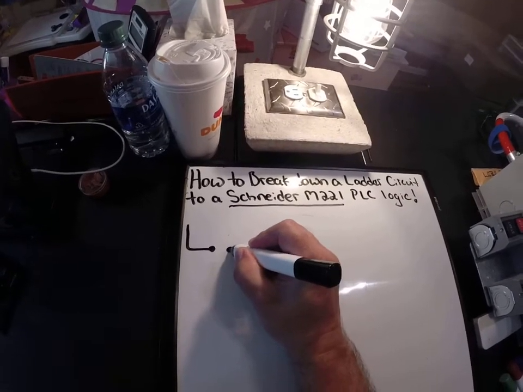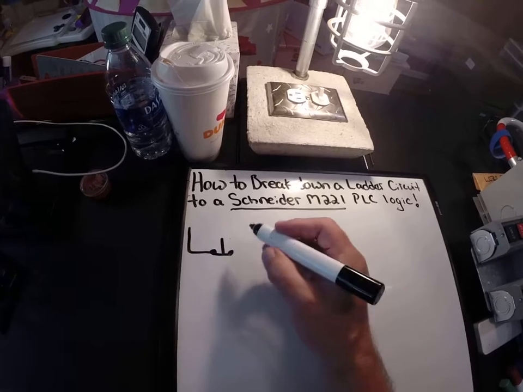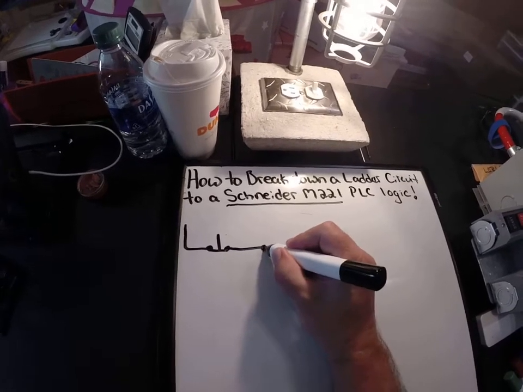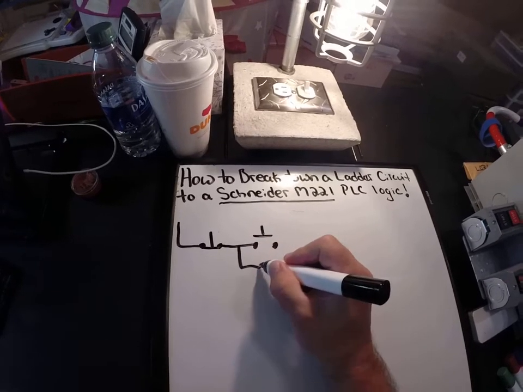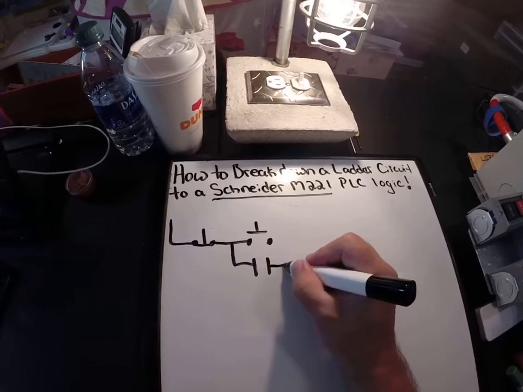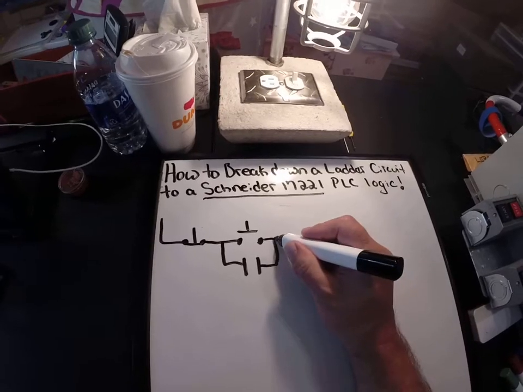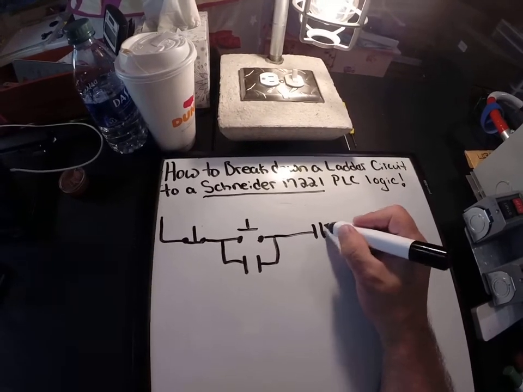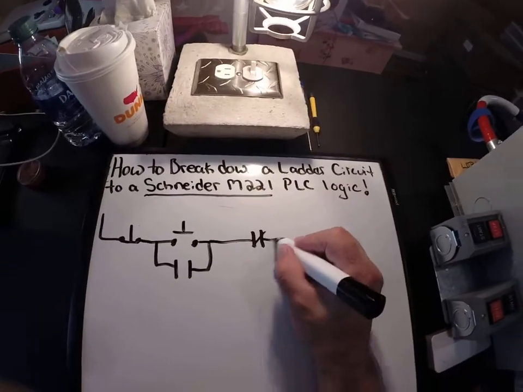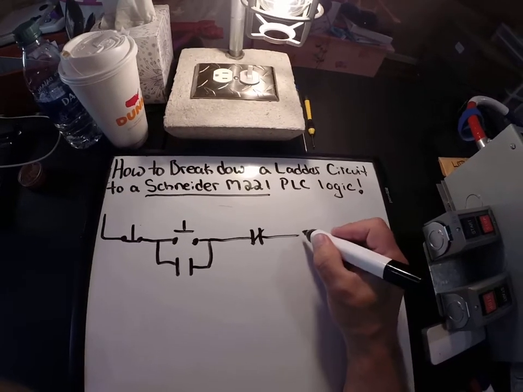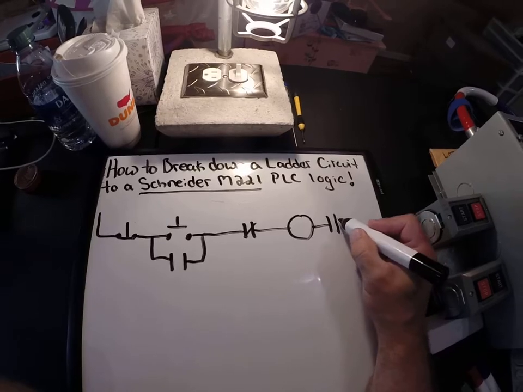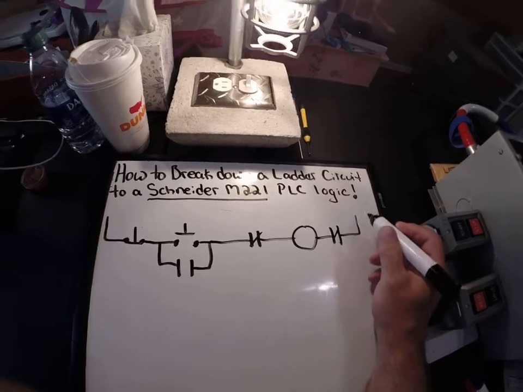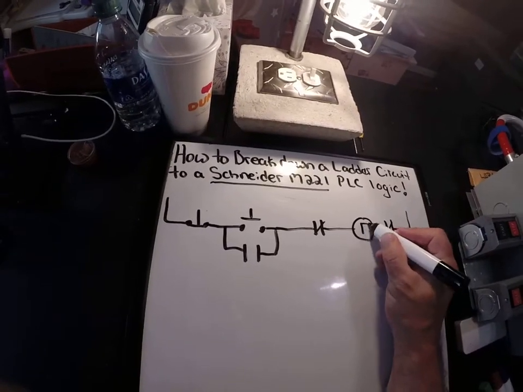So right now I'm just going to draw in how this circuit would be in the real world, a basic forward reverse interlock circuit, and what we would do to break that down so that the PLC is happy.